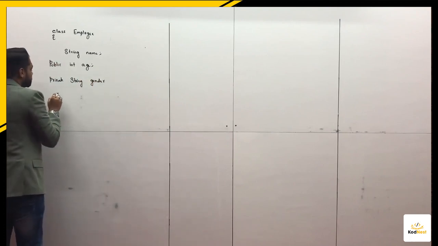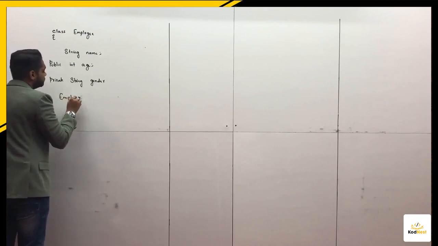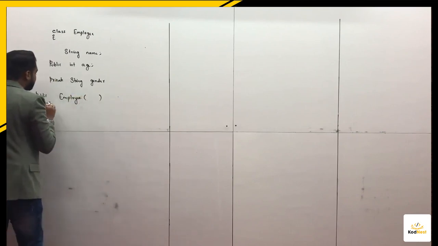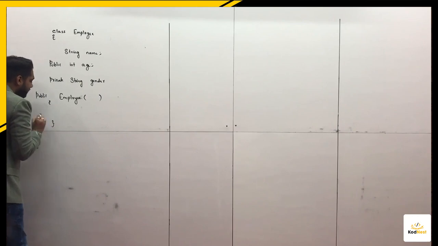I will have one constructor like this, public Employee, which is a no argument constructor or zero parameterized constructor.